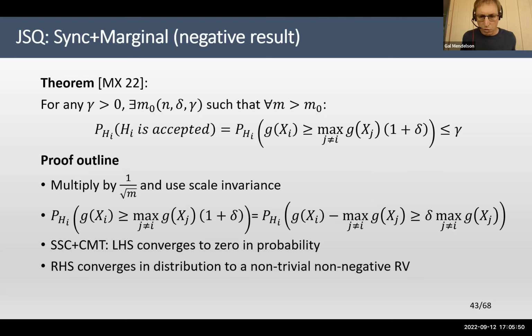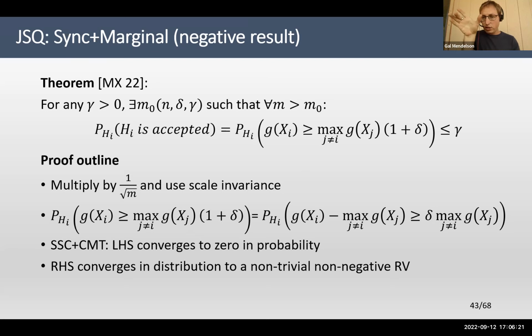And how we prove this is, again, introducing the scaling factor inside and just rewriting the event in the probability here in the middle by taking this one here on the left and moving it to the left-hand side. If you look at the probability on the right, what we see is that on the left-hand side, because of the state space collapse, and remember, the xi's are rows, but we took samples synchronized.